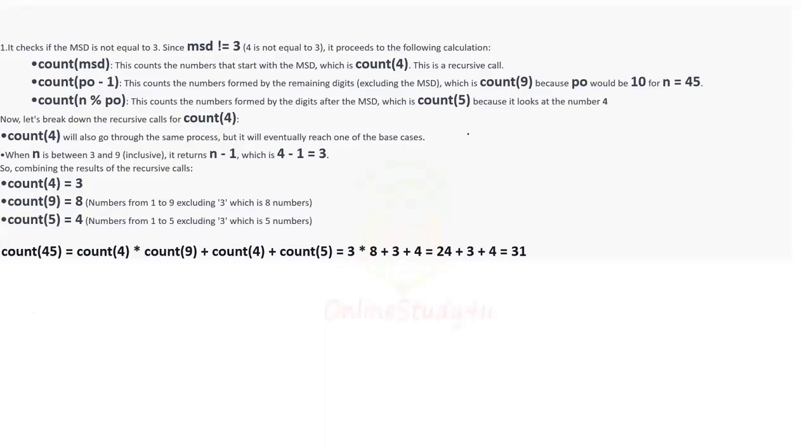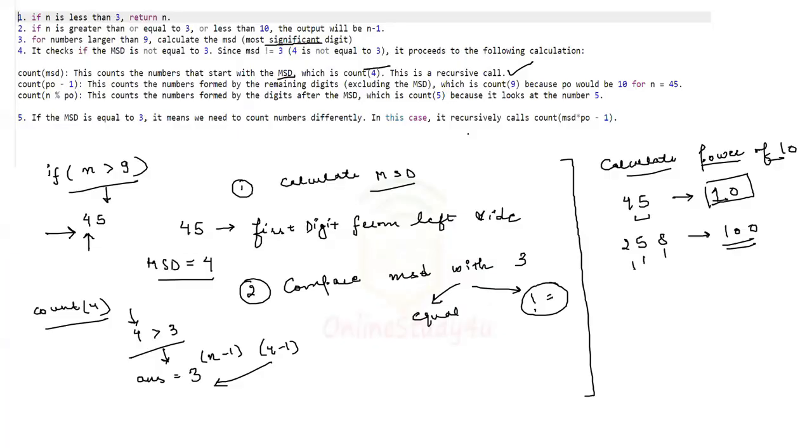So what we did in 3 steps: we counted the numbers that start with MSD, we counted the numbers that can be formed by the remaining digits using count of PO minus 1, and then we counted the numbers that can be formed after MSD, that is after 4, which will be count of 5.